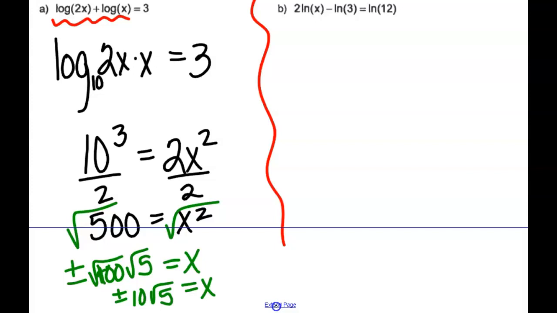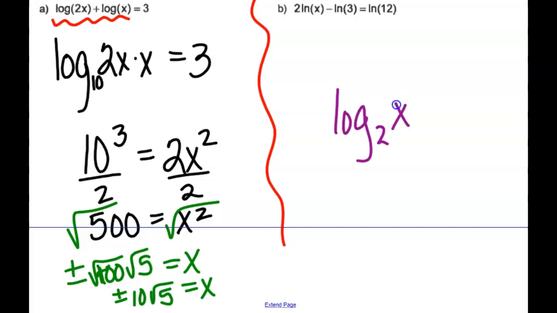But let's talk about this for a minute. Remember everybody's favorite math cuss word? Extraneous? I'm going to make it a cuss word. Okay. If you put a negative number back in here, are we allowed to take the log of a negative number? No. But I must caution you that you can't always throw a negative away.